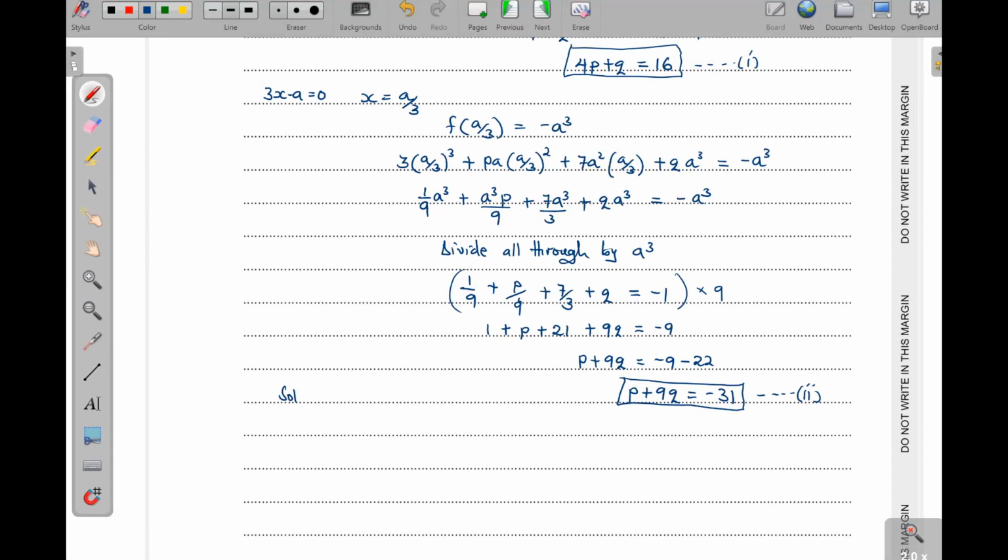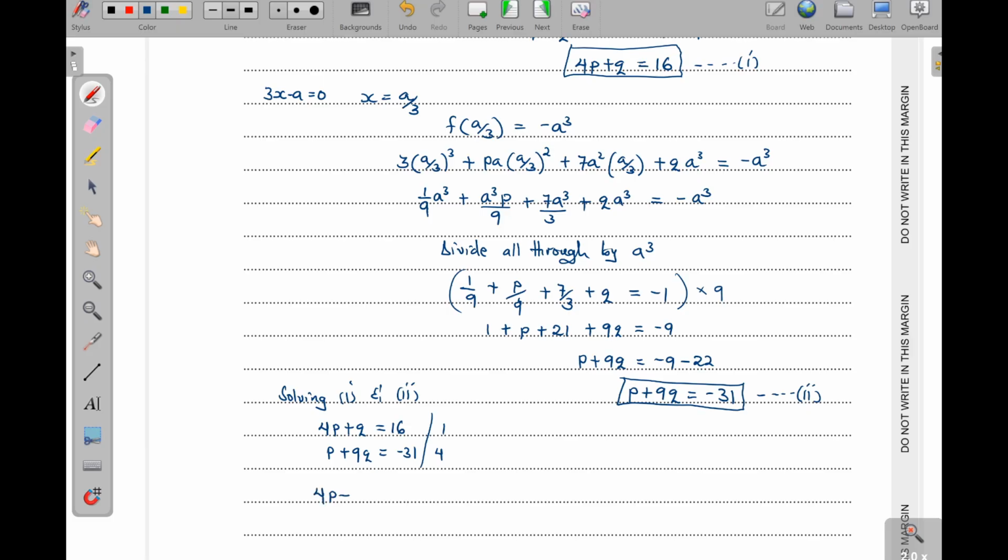So solving 1 and 2, we have 4p plus q, which is equal to 16, and then 4p plus 9q, which is equal to negative 31. I can eliminate p, multiply 1 here, then here 4.